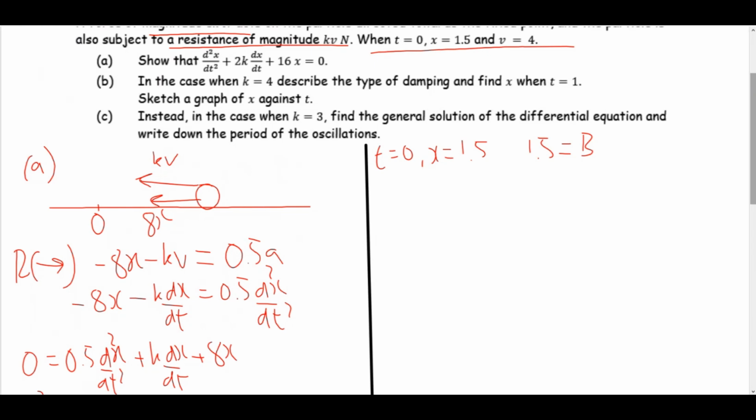To use the value for v, I've got to work out a formula for the velocity in terms of time, which means you need to differentiate the general solution. So v is dx by dt. X, remember, is e to the minus 4t times at plus b. If you differentiate that, you're going to need the product rule.